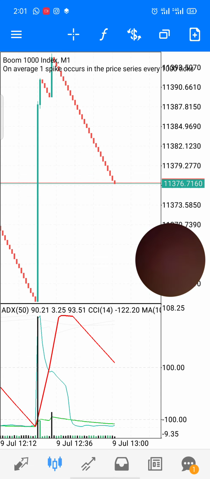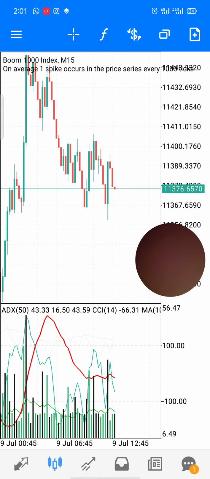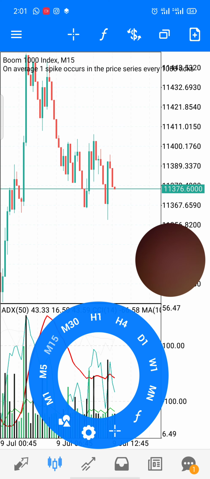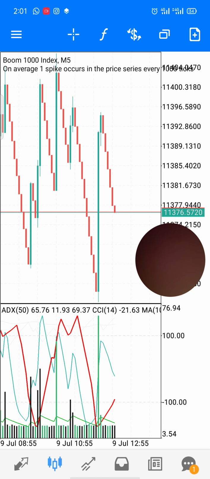So guys, you can take profit when, okay, you can also use the 15-minute time frame to analyze the market, to confirm your entry and to know whether to take profit, whether it's going to continue or not. You understand, guys?